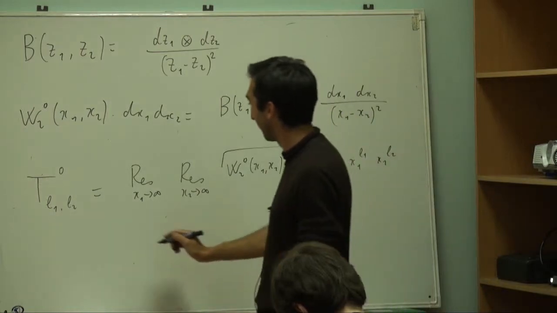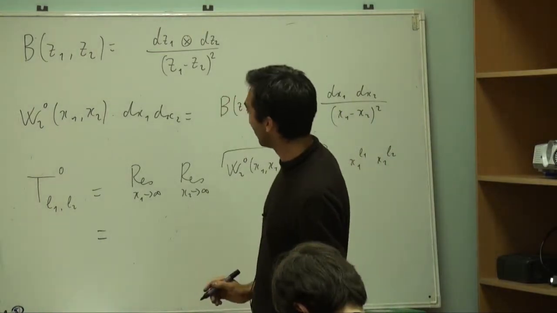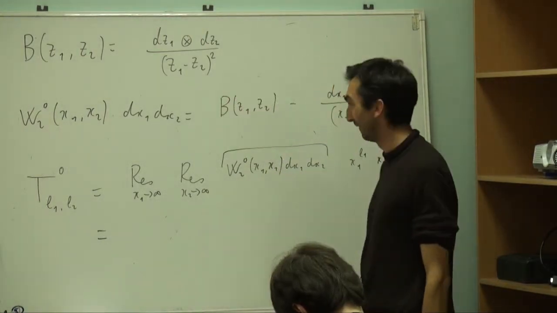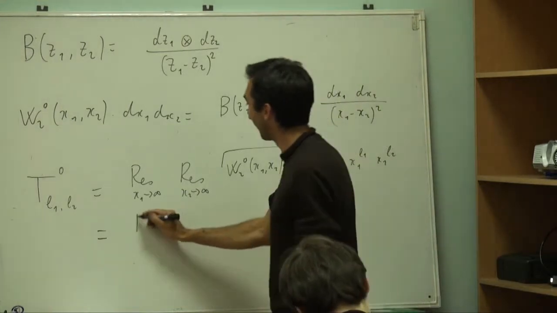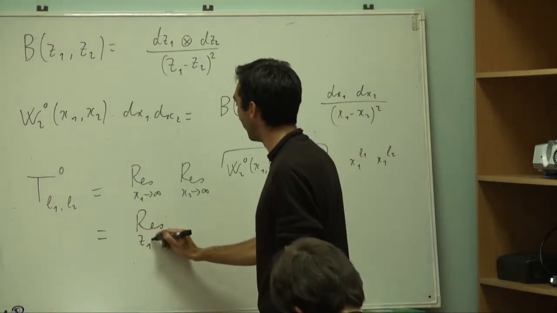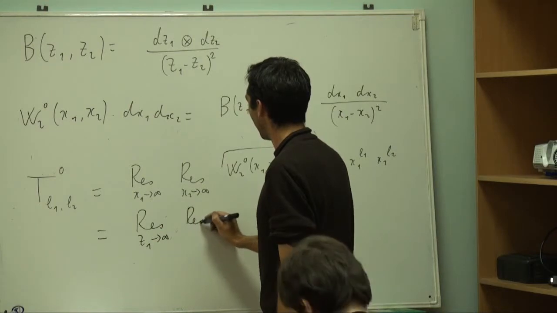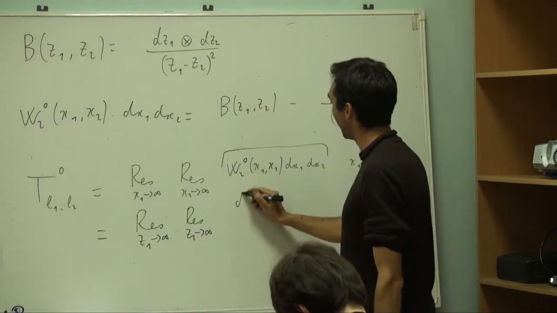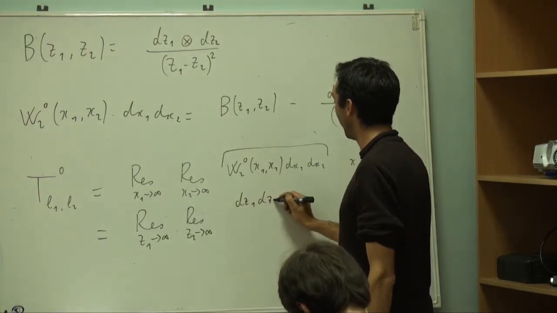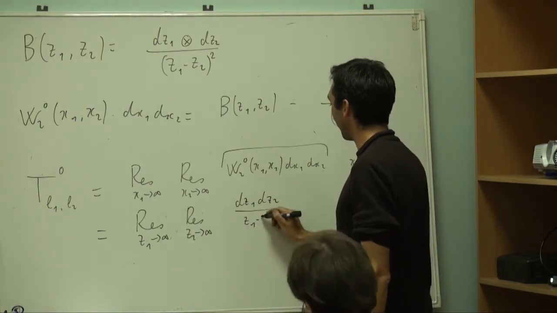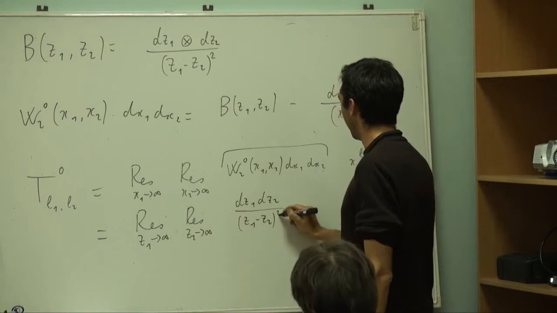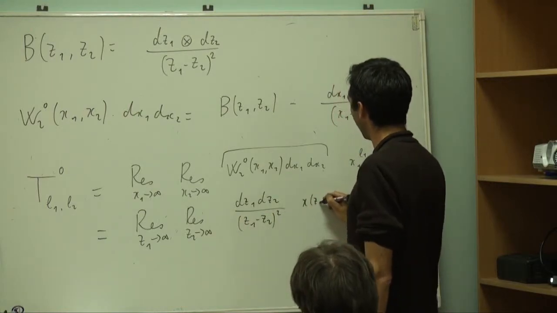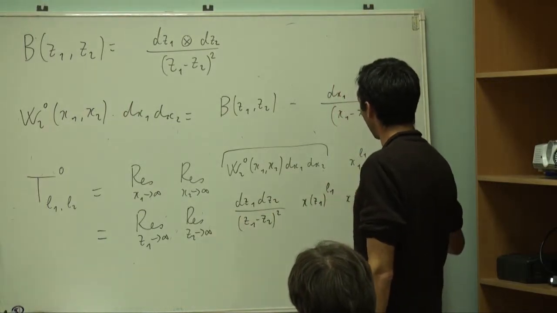So then it's good to change the variable. It's also the residue when z1 goes to infinity, residue when z2 goes to infinity, and now it's just dz1 dz2 over (z1 minus z2) to the square, times x of z1 to the power L1, x of z2 to the power L2.